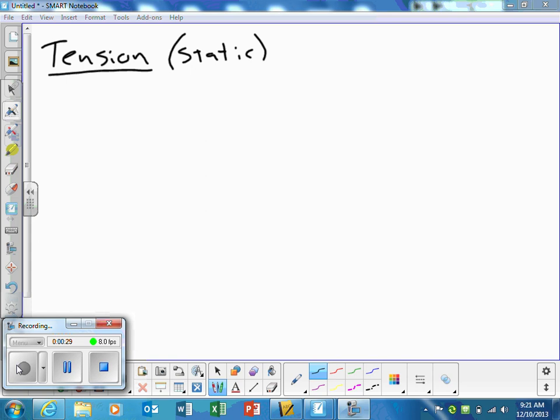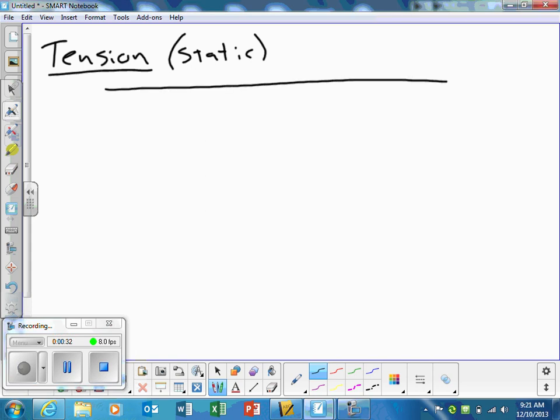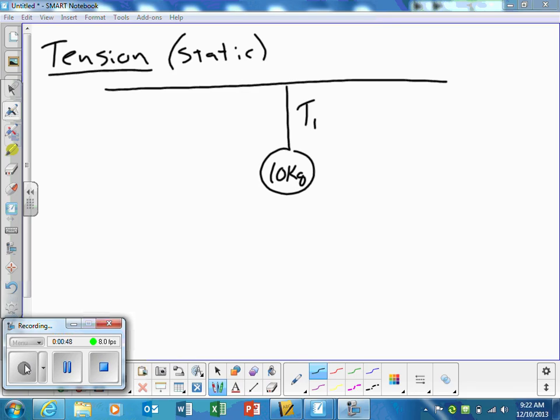Okay, so we'll start with this one right here. We've got a ball hanging, a 10-kilogram ball hanging from a ceiling. What is the tension? We'll call this T1. Very good. That is right. 100 newtons.